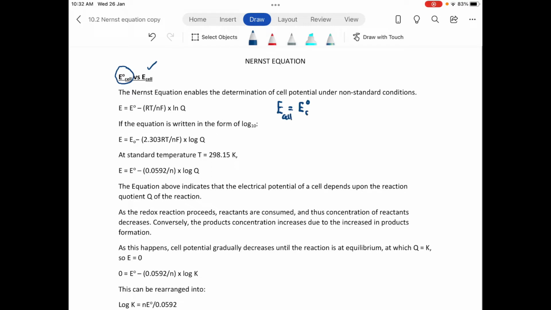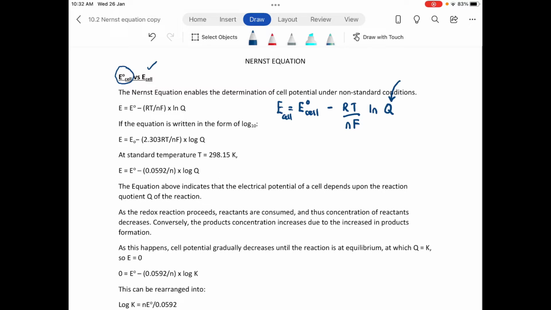This is E cell, this is E naught cell, the standard reading, minus RT over NF ln Q.